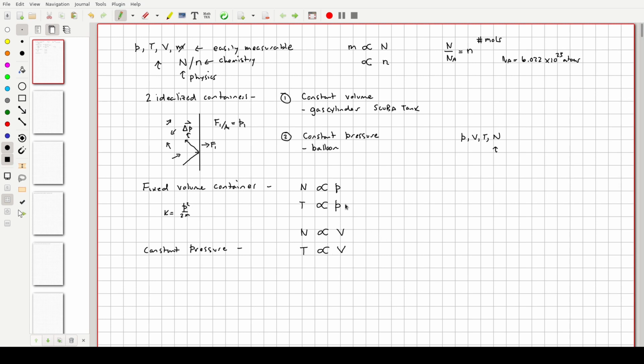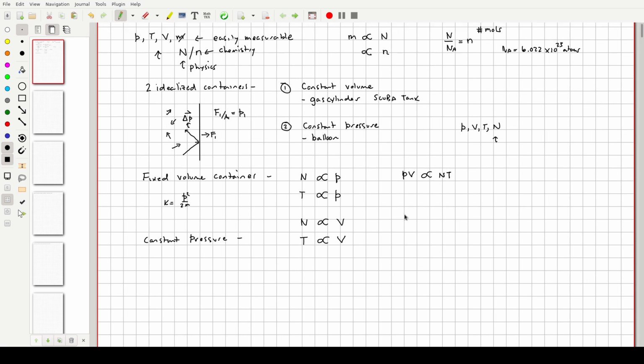So what I have here are a bunch of relationships between the number of particles that something has, the temperature, the pressure, and the volume. And I can group this up the following way. We say typically P times V is proportional to N times T.